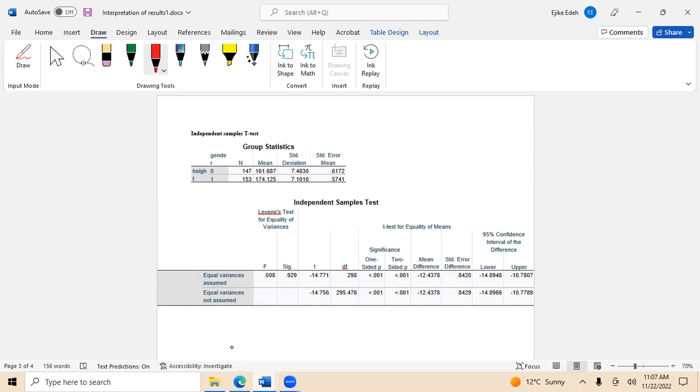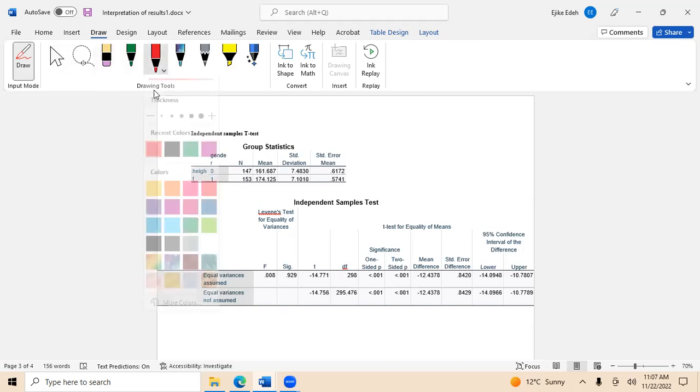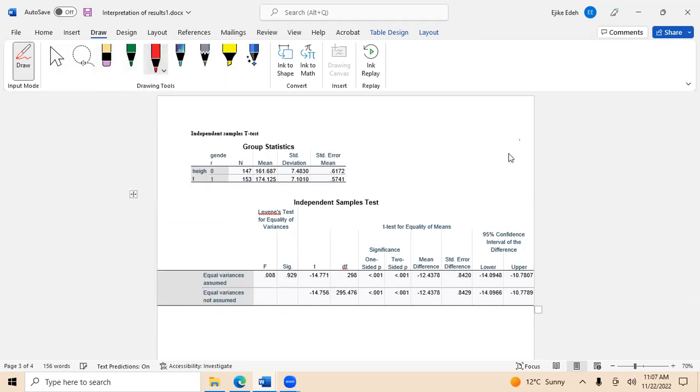So for the t-test, there are two sets of things to interpret here. The first set is over here. We can see the mark line here. This thick line is marking the gap between them.